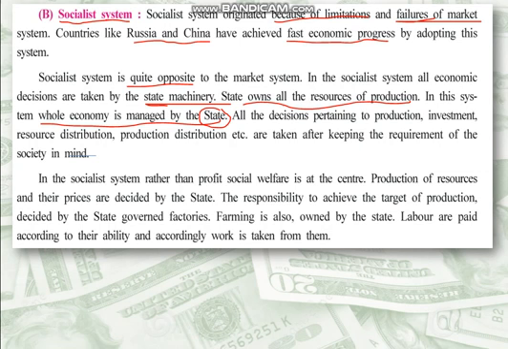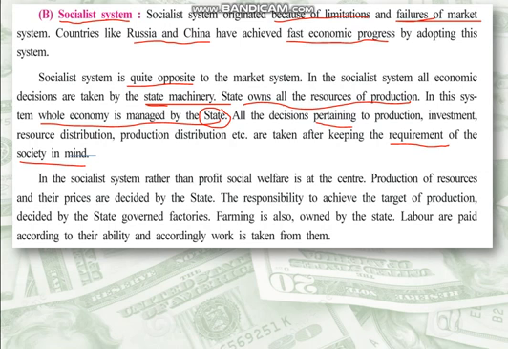All the decisions pertaining to production, investment, resource distribution, production distribution, etc., are taken after keeping in mind the requirements of the needs of society. Here the most important word is requirement, while in the market system the most important word was profit.